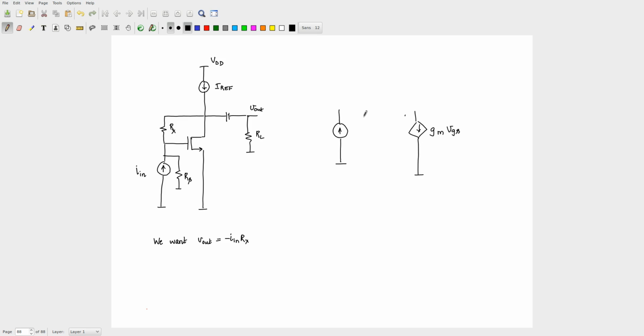So I have I in going into RS, and that will give me my VG, and then VG is connected via Rx to VD, right? So you have an Rx over here, and then you have your RL.